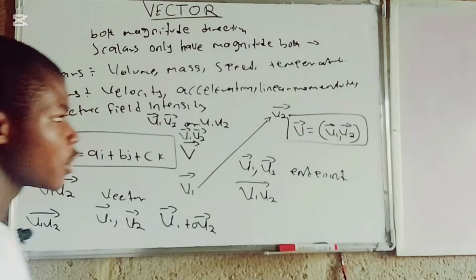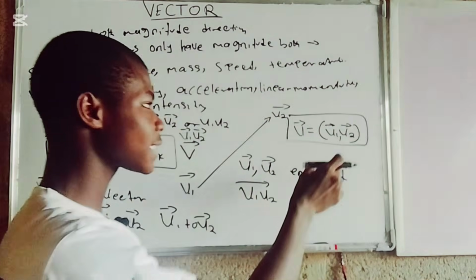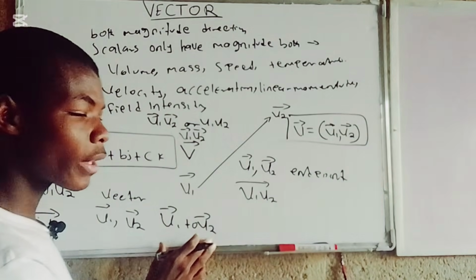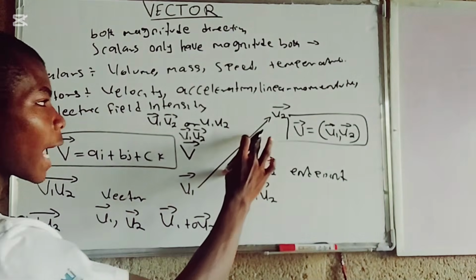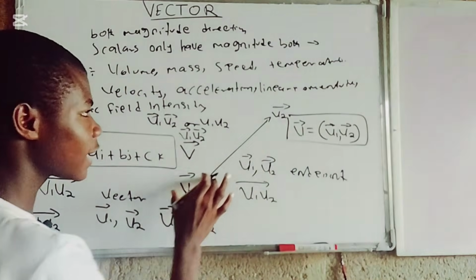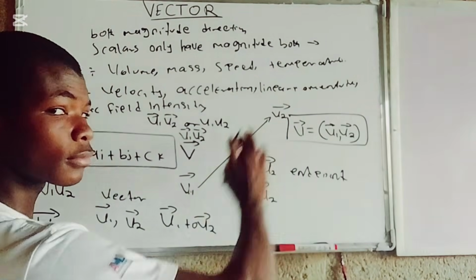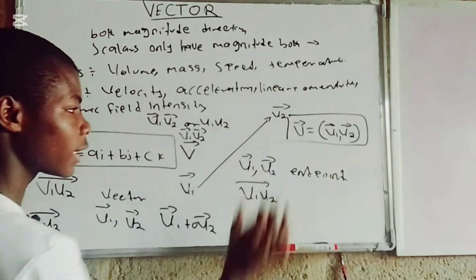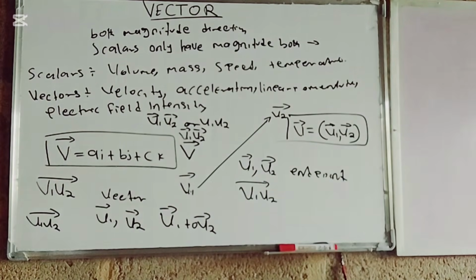As you can see, I represent this vector in 2 dimensions, with V1 and its direction and V2 and its direction.